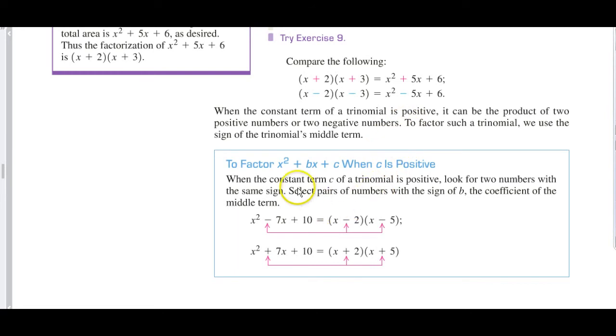Okay, so again, they're showing when the last term is positive, internally you're going to need the same signs, whether they're both negative, but that will give you a negative 7x, or they're both positive, that will give you a positive 7x.